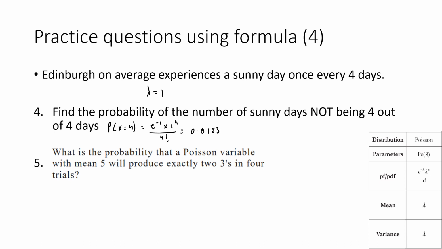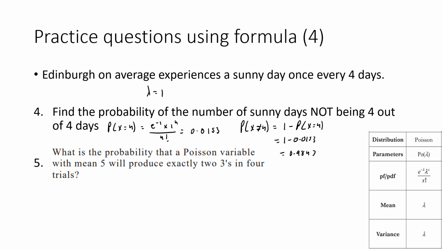And how we find the probability of x not being 4 is equal to 1 minus the probability of x being 4, which is 1 minus 0.0153, and that should give us 0.9847.